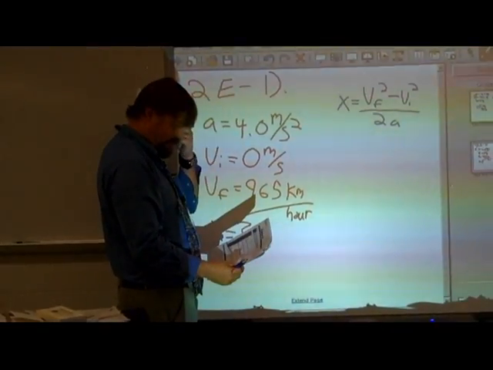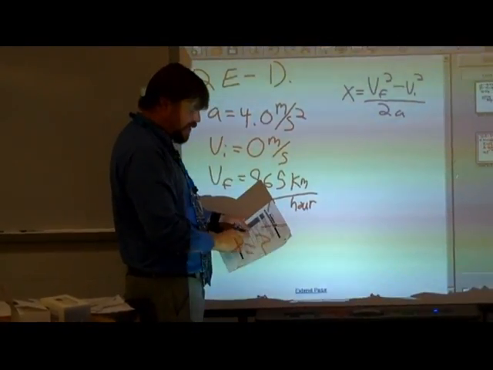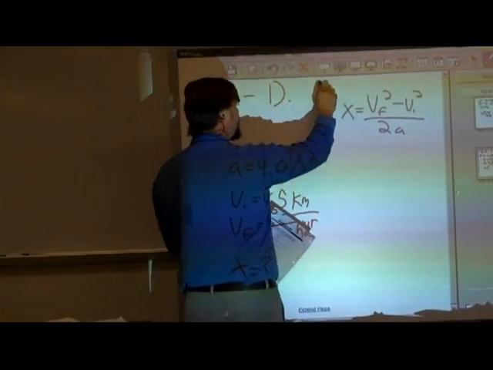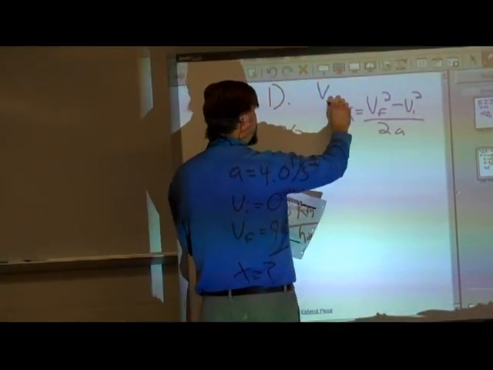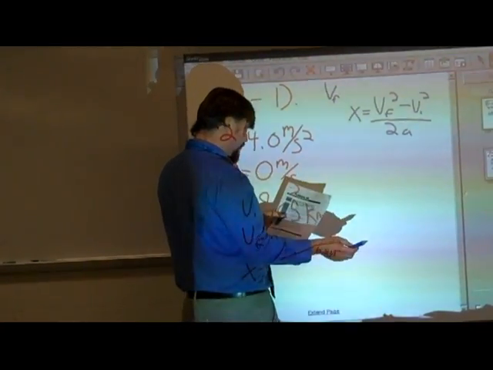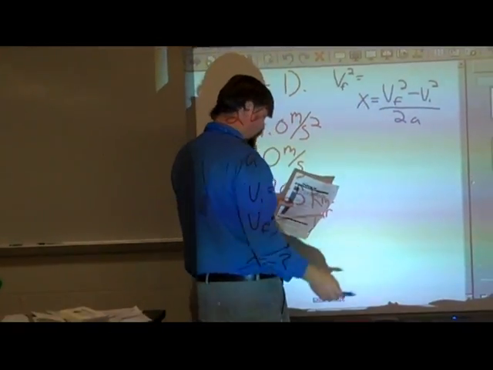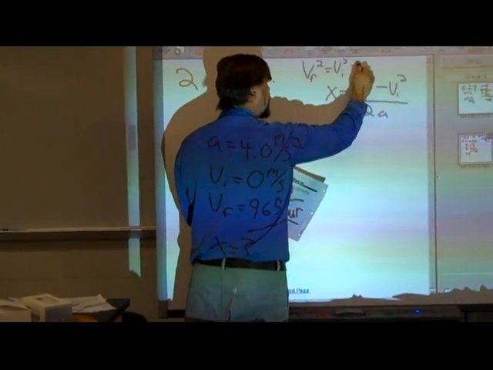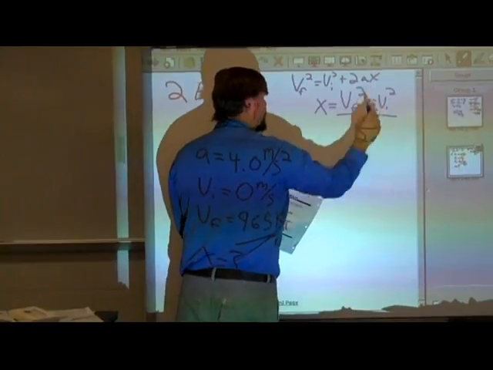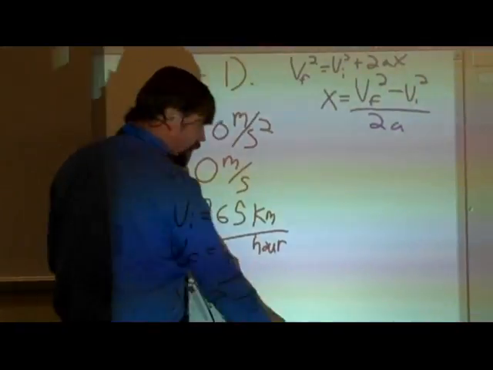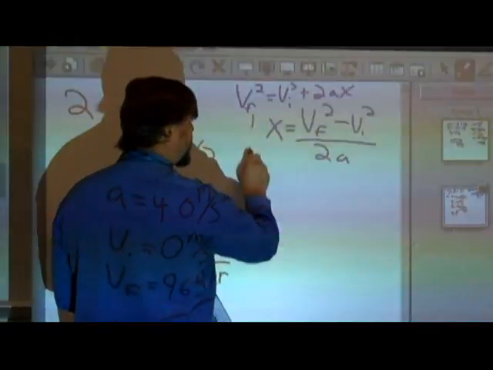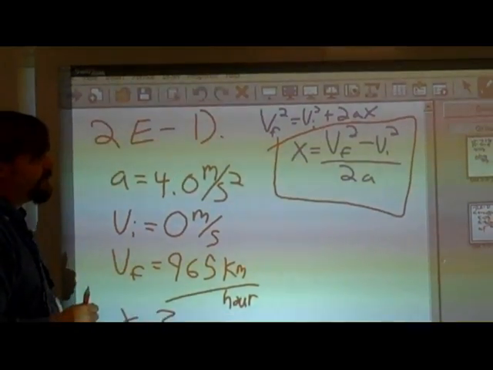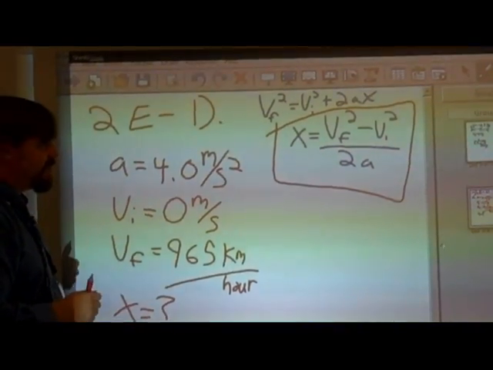And that equation was originally rearranged algebraically from the equation that we can find on our New York State reference tables, which is that our final velocity squared is equal to our initial velocity squared plus 2 times acceleration times the distance. So it was rearranged for us, and it shows those steps on our sheet. So the equation we're using is x is equal to vf squared minus vi squared divided by 2 times the acceleration.